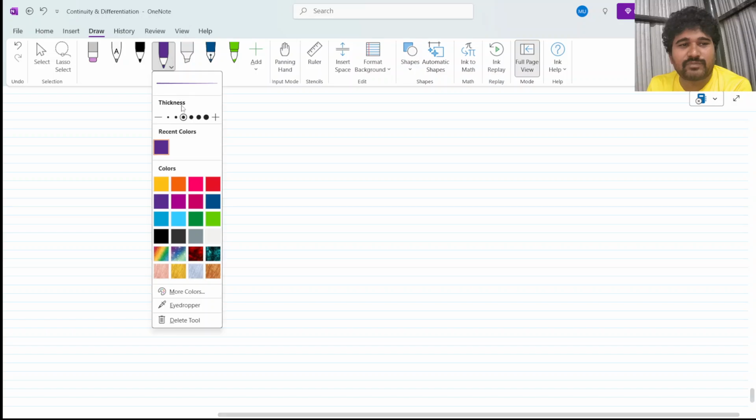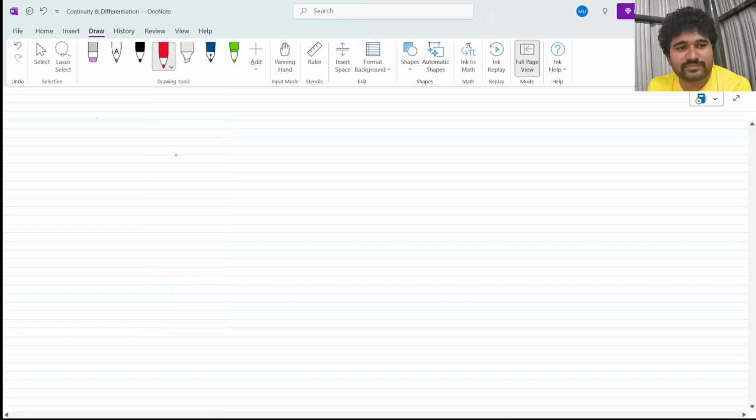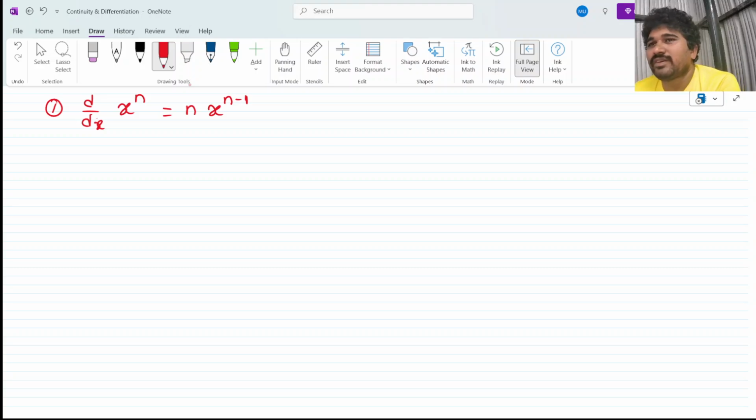The first formula is d by dx of x power n, which is equal to n into x power n minus 1.